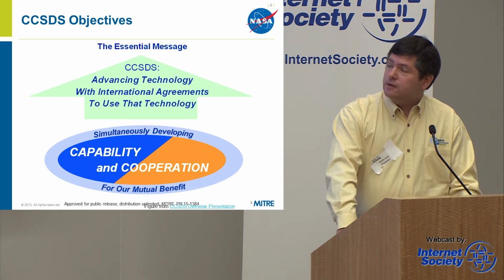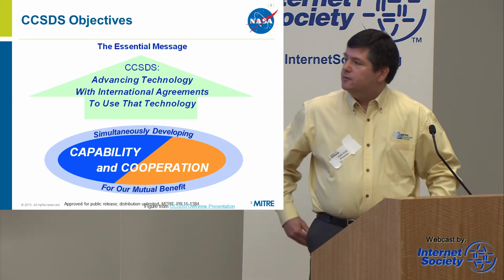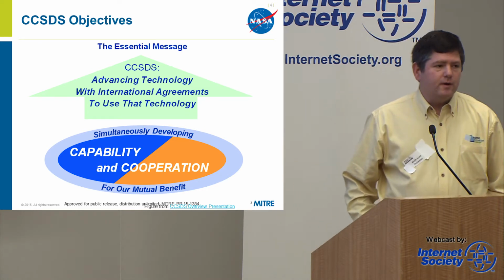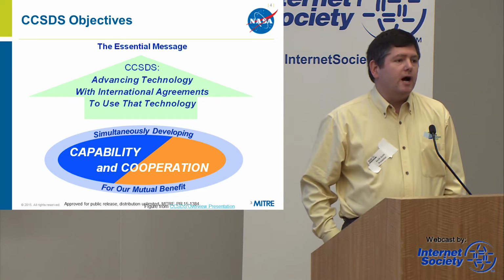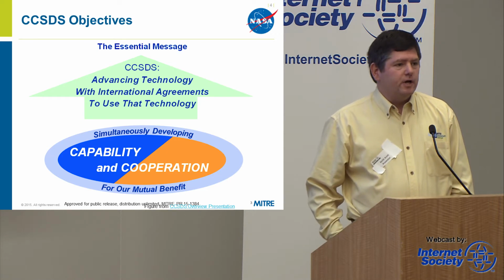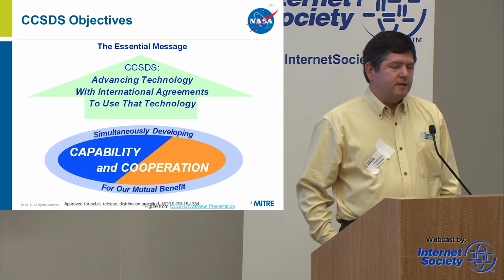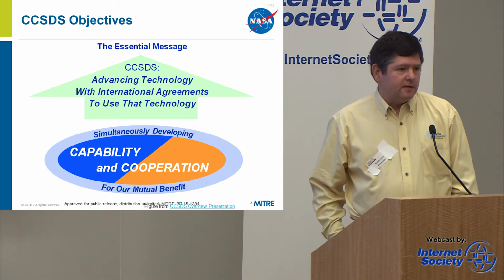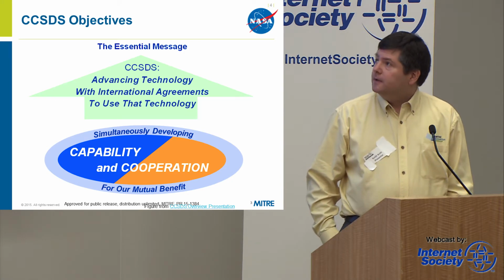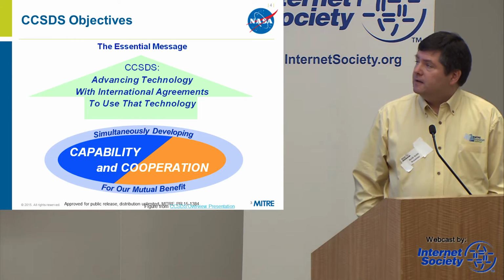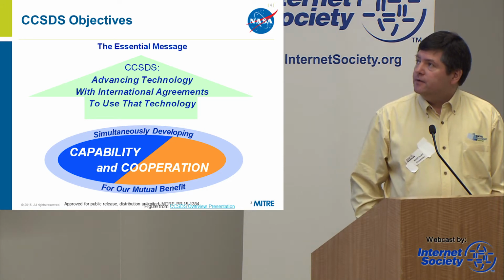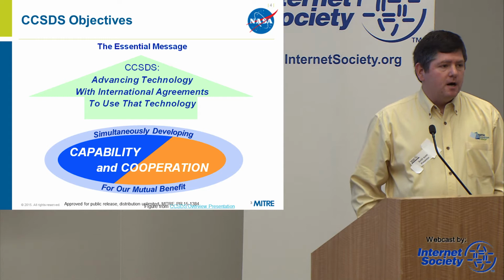And this goes to what I was talking about earlier in response to one of the questions: what is CCSDS, what is their job? Really their job is to try to make space communications more robust, less costly, and to provide the opportunity for interoperability among agencies.